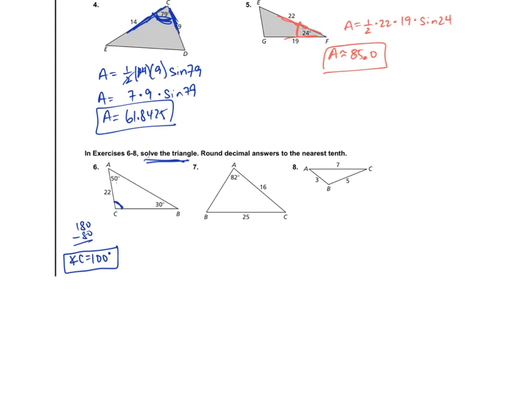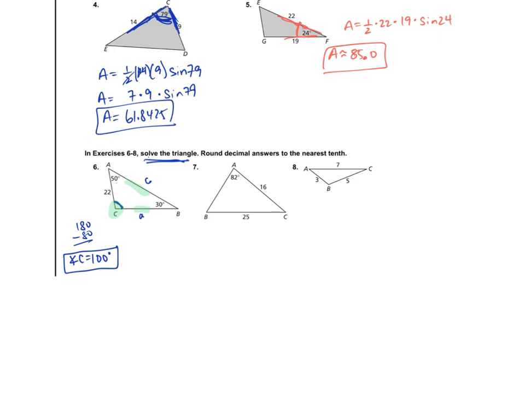Well, I just found angle C right here. So I still need to find side, we'll call that C, and side, we'll call that A. We are going to call this one side C right here because it's opposite the big C, and I'll call this one side A. So that's what's left for me to find.